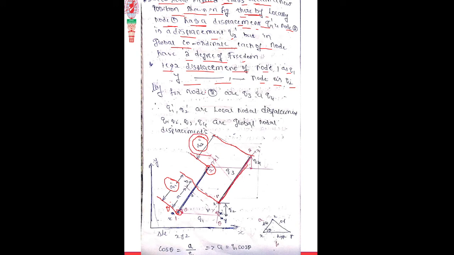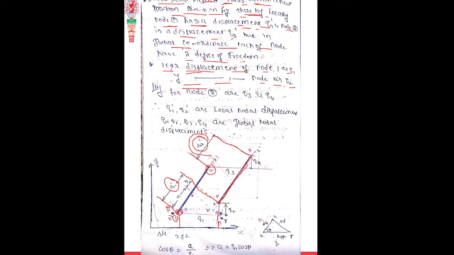But in the case of the global coordinate system, the displacements of node 1 and node 2 are with respect to x and y. As we know, a truss element has 2 degrees of freedom at each node with respect to the global coordinate system, one in the x direction and one in the y direction. Therefore, node 1 will move to here, no? This horizontal displacement from here to here, with respect to x, is q1.